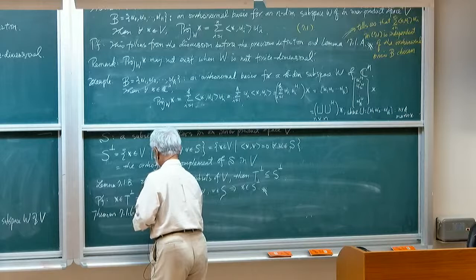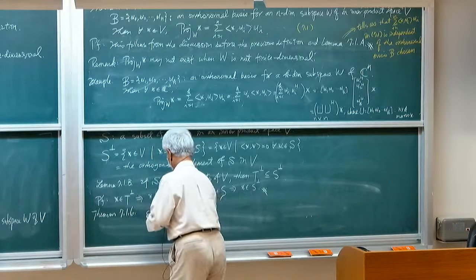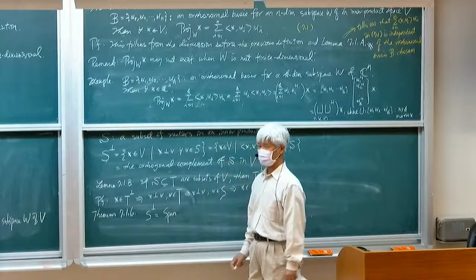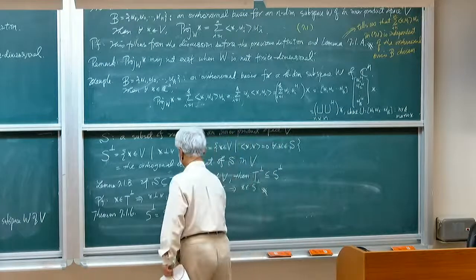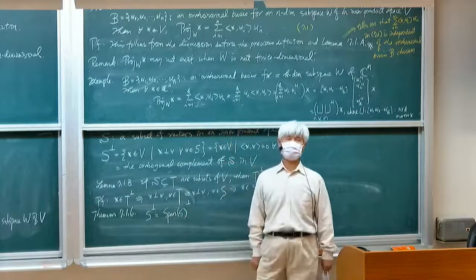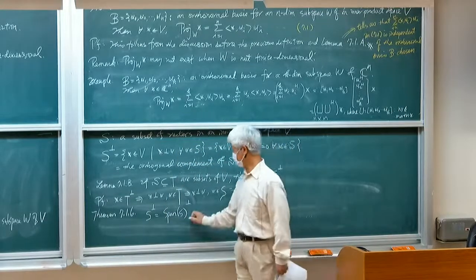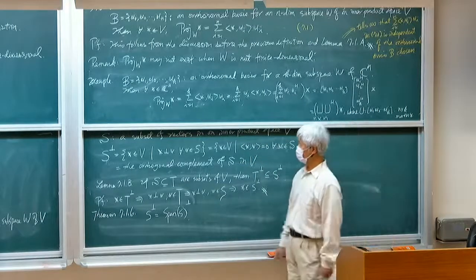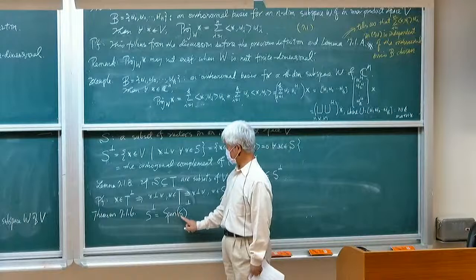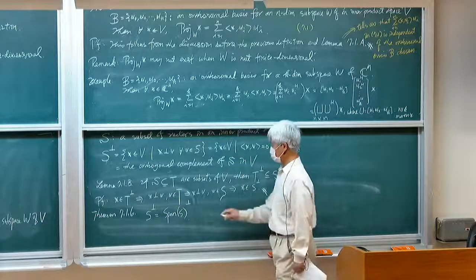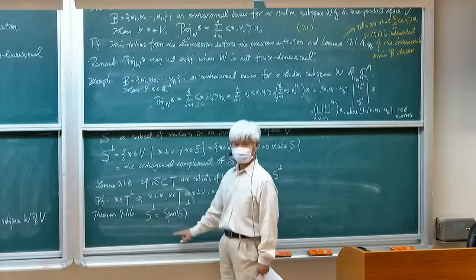But there is one thing: the S perp, the orthogonal complement of S, is the same as the orthogonal complement of its span. We know the spanning set of S is bigger than S, of course, so this seems like it would be smaller.